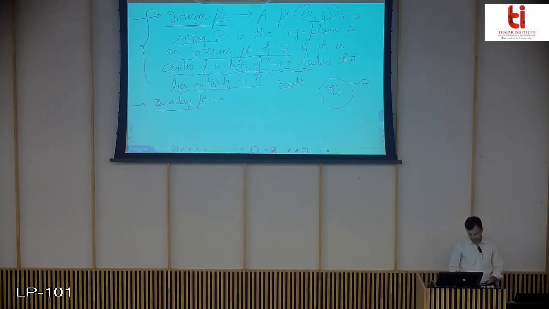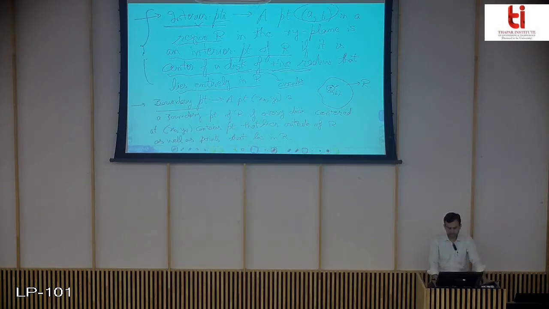So a point (x0, y0) is a boundary point of R if every disk centered at (x0, y0) contains points that lie outside of R as well as points that lie in R.